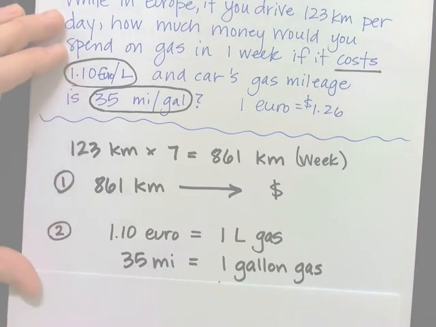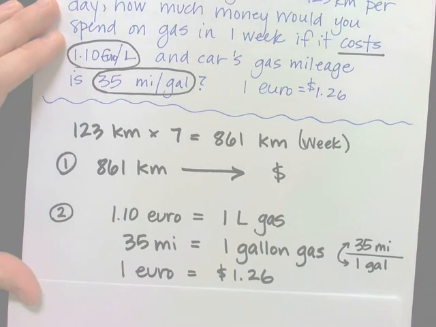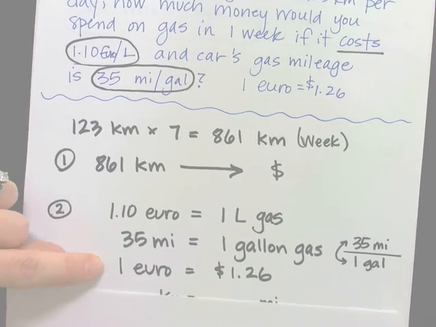Each of these equalities can then be written in the form of a fraction, either like this, or we can flip it and use the reciprocal in our conversion factors when we do the problem solving. So you'll see that in just a minute. Another equality given in the problem, 1 euro is $1.26.